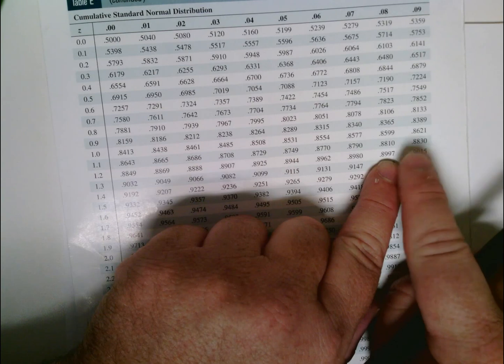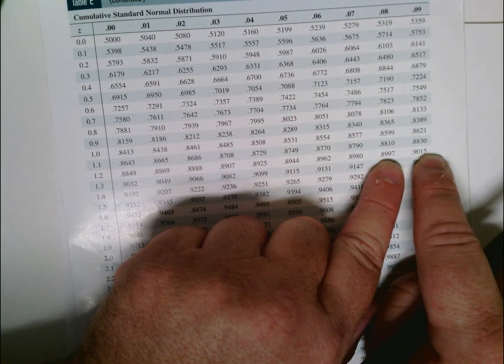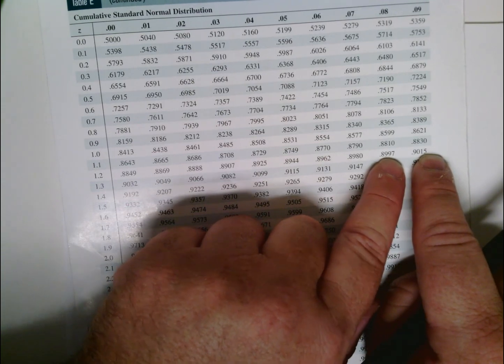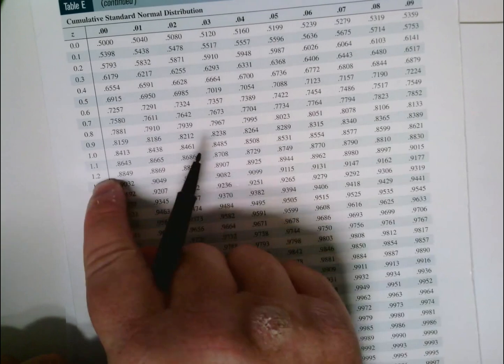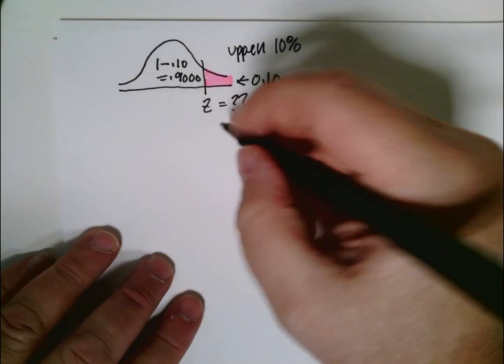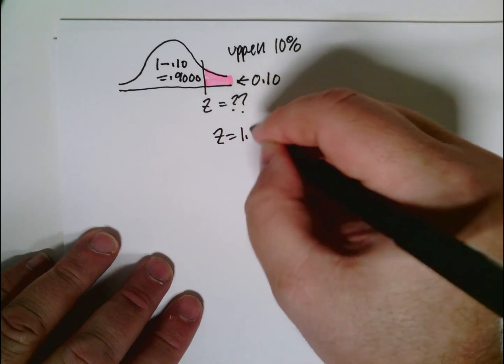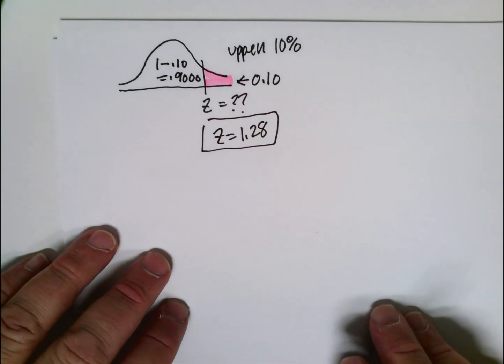I think of it this way: this one's 15 away, and this one's 3 away, so this one's closer. So I read over to this side, 1.2, and then I go up to 8. So the cutoff would be 1.28, and that would give us our cutoff for our upper 10%. Alright, let's try another one.